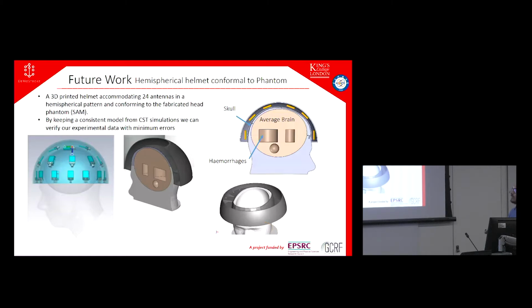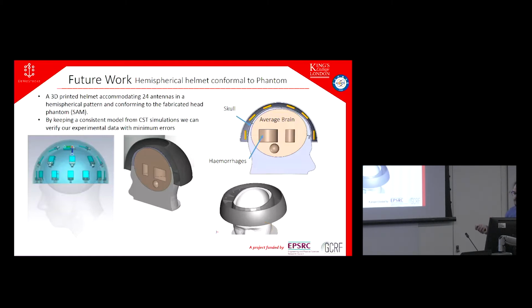So it's 12, 8, and 4 antennas that will be adapted and conformed to the exact position of the head. So we could make models from molds that would, for example, emulate the skull, the average brain, as well as the hemorrhages in some specific areas.